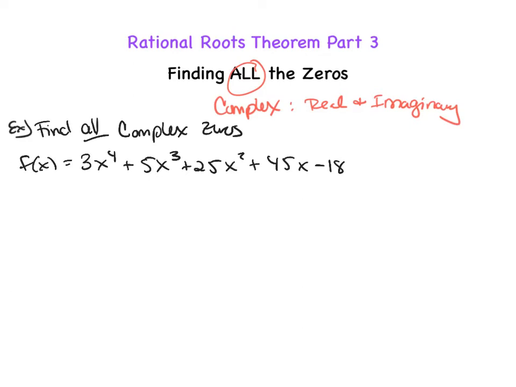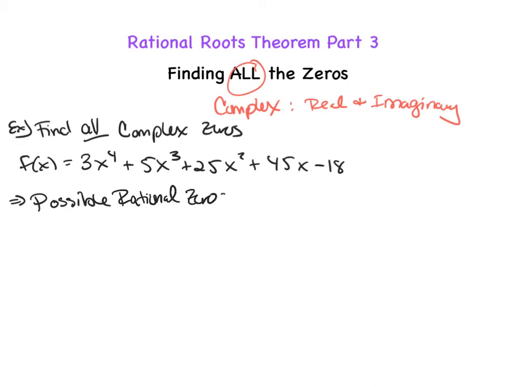If you've recently watched my previous video, Rational Roots Theorem Part 2, you'll recognize the process. The first thing we're going to do is list all of our possible rational zeros.